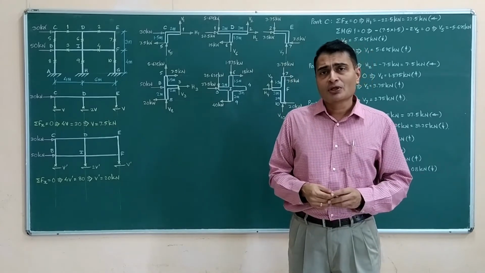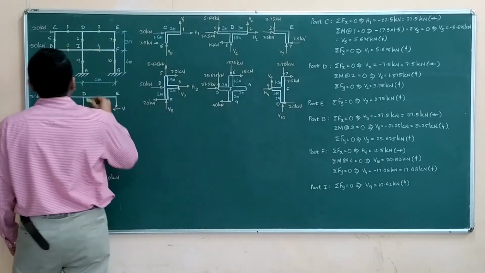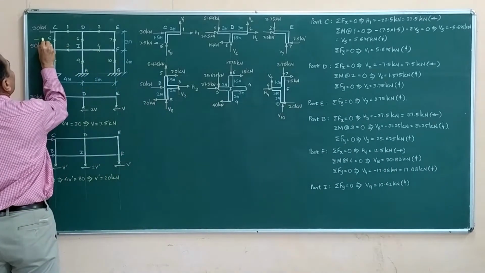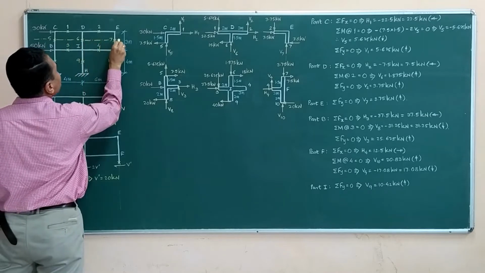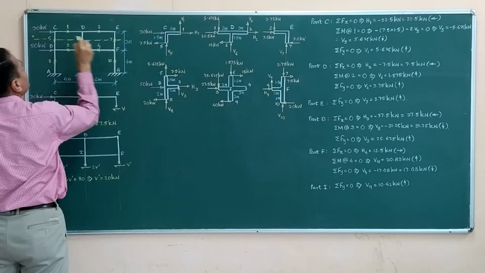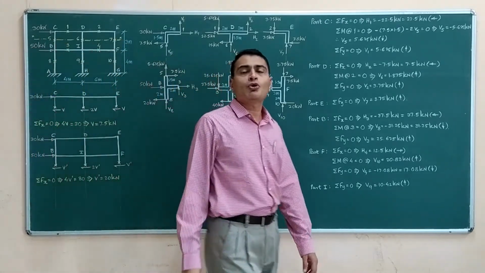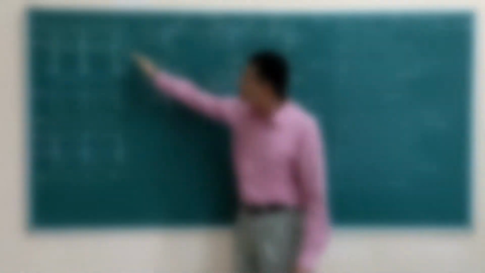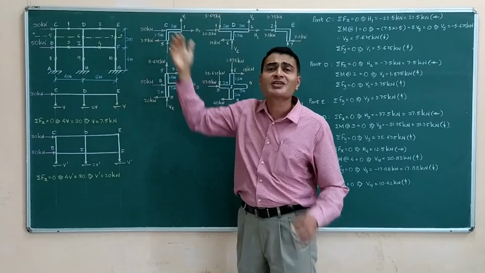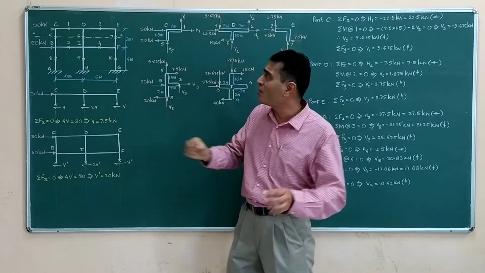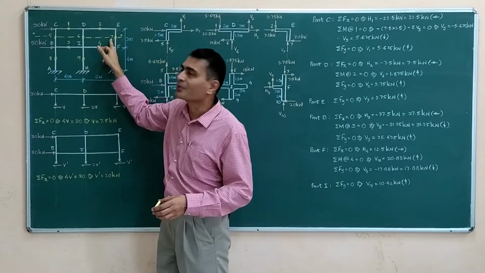Great. Then to begin with, I will imagine a section passing through points of contraflexure 5, 6 and 7. Let me call it section XX. And I will try to generate the FBD of the portion which is above section XX. That is, I will be drawing the FBD of part 5, C, D, E, 7.